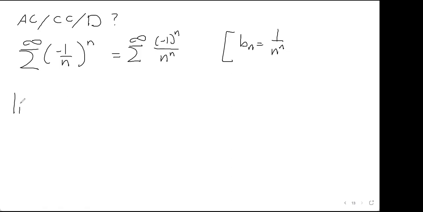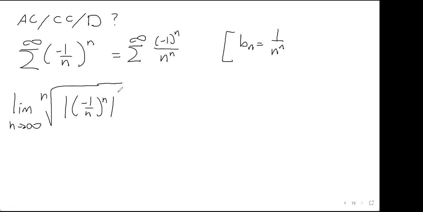So if we try the root test, this is the nth root of the absolute value of -1 over n to the n. The absolute value has the effect of killing off the alternating part. So it is useful to recognize there's this alternating part and that's going to go away.